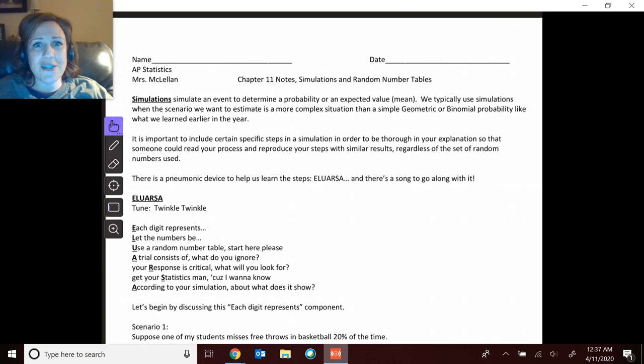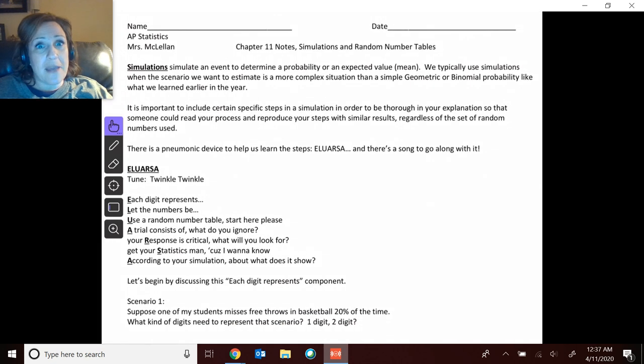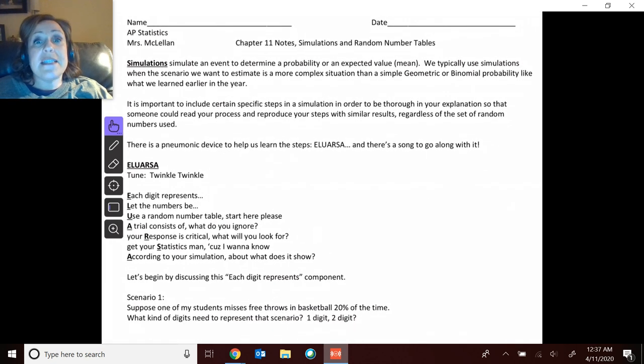So here's our last unit for AP testing. Simulations is a situation where we want to simulate an event and determine a probability, a proportion, or come up with an expected value, an average. Remember, our expected value is the mean.